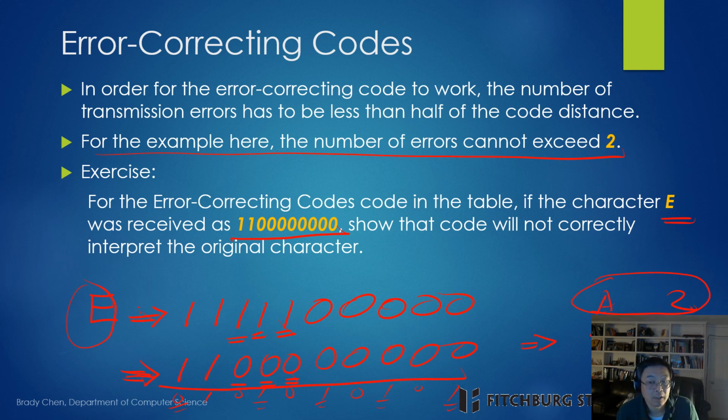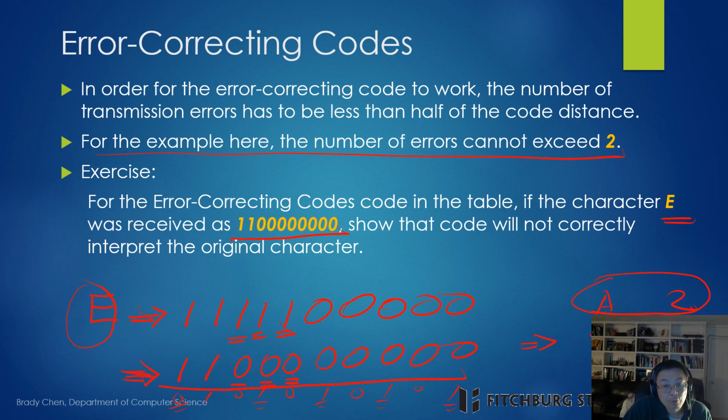Then the minimum distance is not 4, but say 8. So if we have 3 errors, which is still smaller than half of the minimum distance, which is 4, right? So 3 is less than 4. Then the receiving side can still figure out what was the original letter. So that's probably the solution.